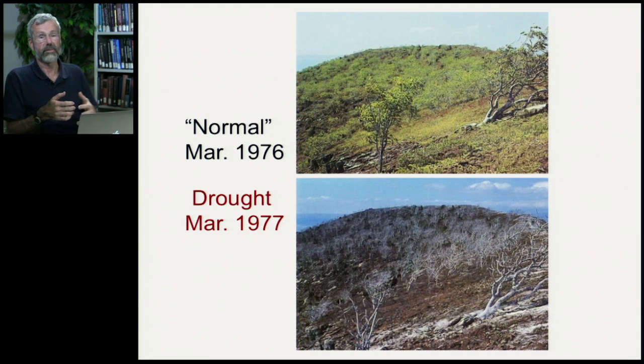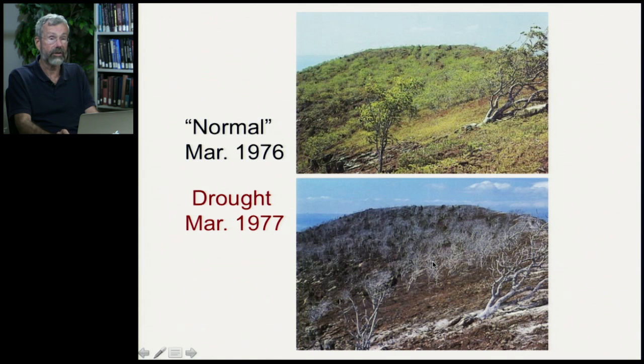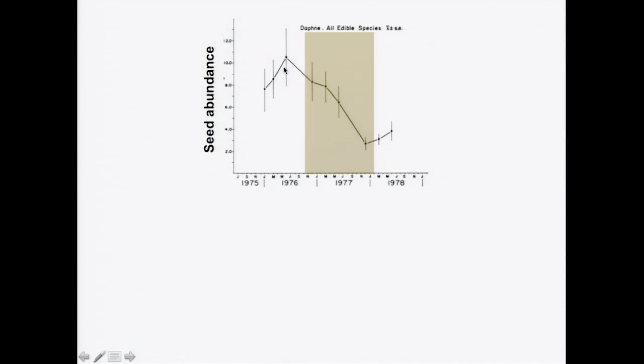And El Nino is something that affects global climate in the short term, particularly with rainfall in the Pacific. And so there was a severe drought the following year. And so without the rain, the plants couldn't flower and they couldn't produce seeds. So what happened on the island is that there was normally a pulse of seeds being produced by good rainfall.